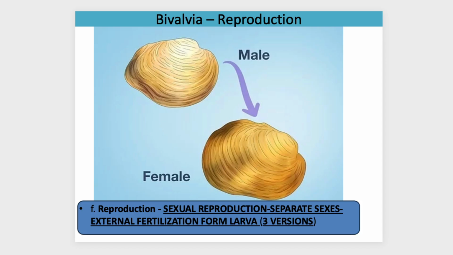And then you'll get the veliger larva, which has a shell and something called a velum, which is another structure that helps it swim. And then in its third stage of larval development, its foot will be used to allow it to crawl over the floor of the ocean floor. And then it will become a juvenile clam and then an adult clam. So it has a long sort of developmental process there.